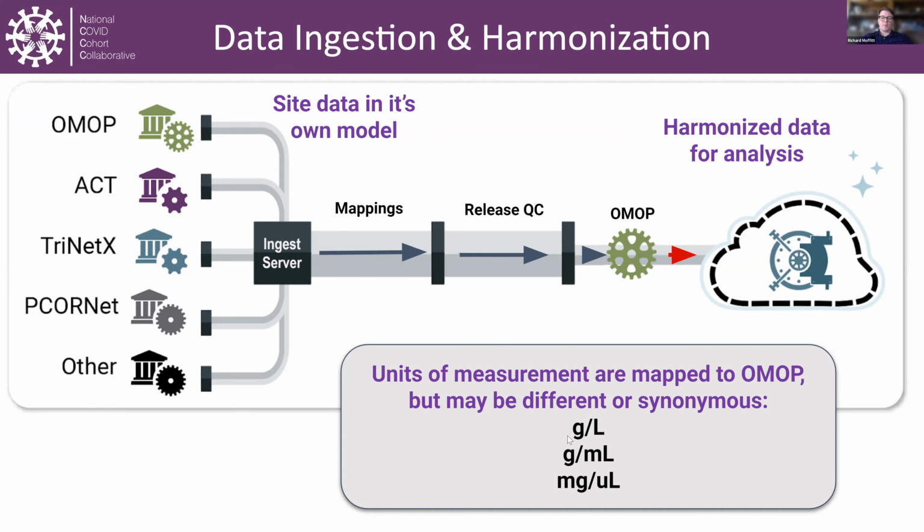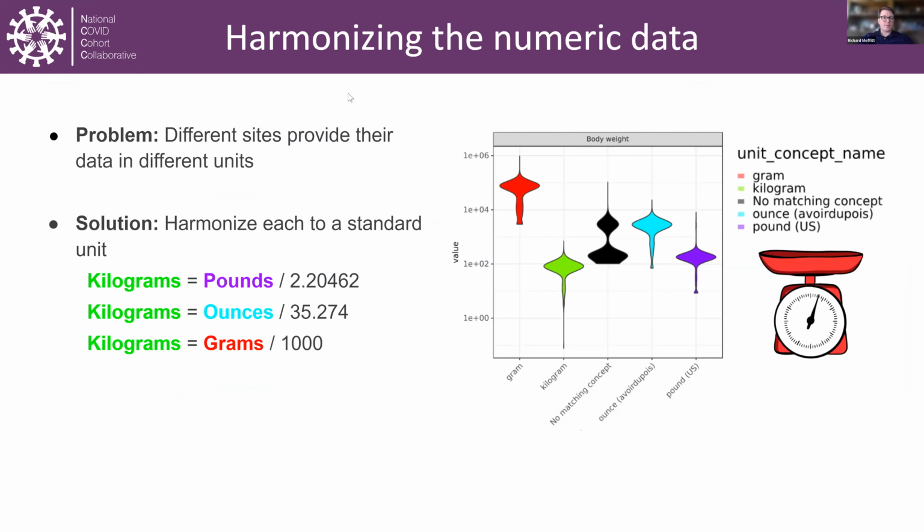So whereas we all will understand what grams per liter means and grams per mil, sometimes we have this gram per liter or gram per milliliter. Sometimes they're equivalent units, sometimes they're different. Even so, the general point is, even though they're all mapped to the same vocabulary, they can have different meanings or similar meanings.